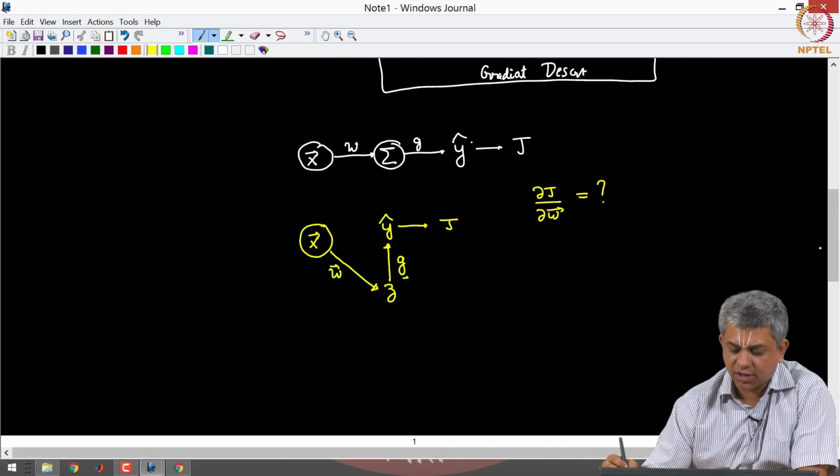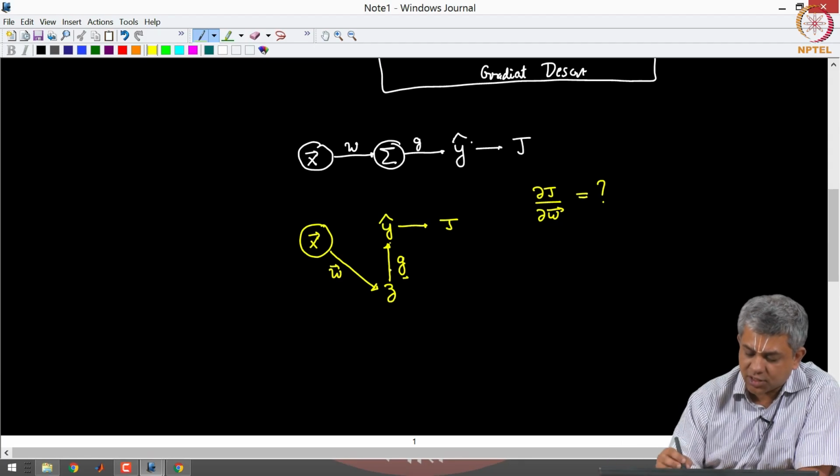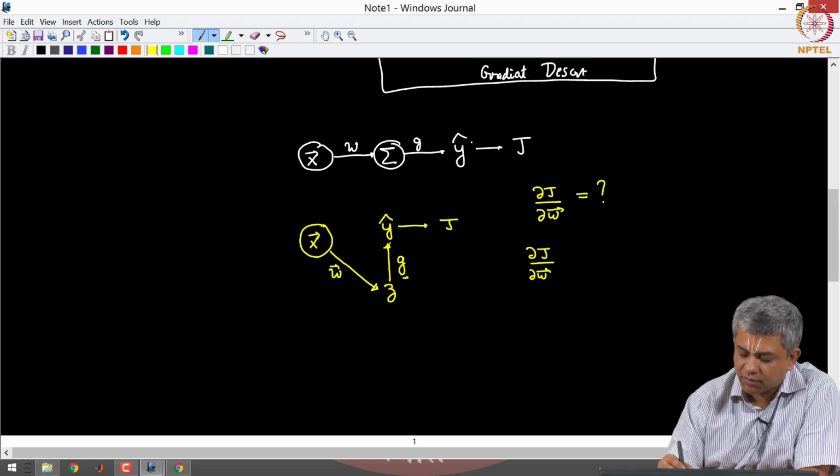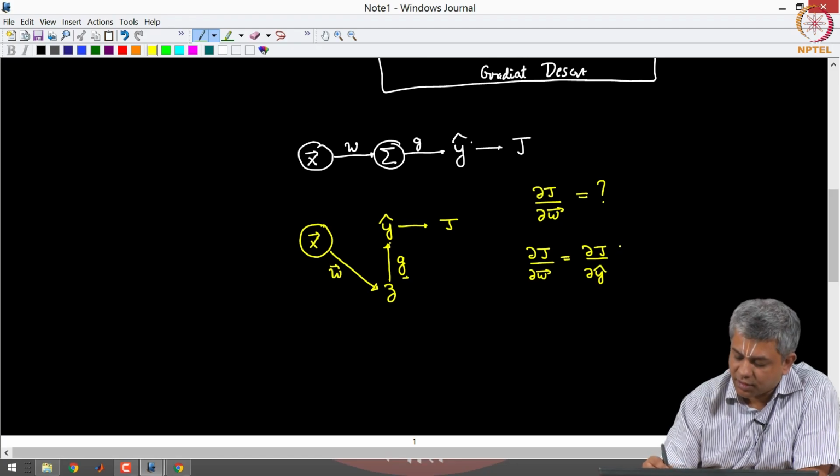The question is, what is the expression for del j del w vector? Now this is fairly straightforward, let us trace this back. Del j del w vector equal to del j del y hat times del y hat del z times del z del w vector.